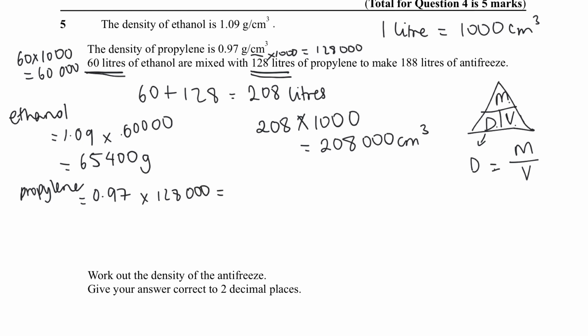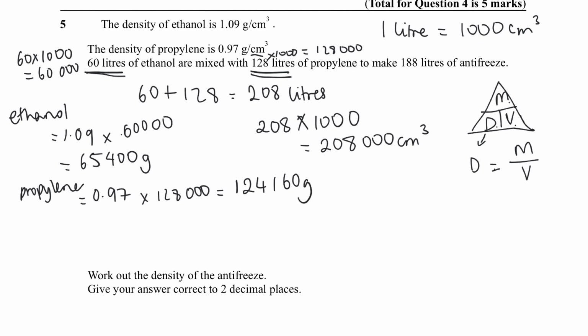And in your calculator, that would leave you with 128,000 times 0.97, which leaves you with 124,160 grams.